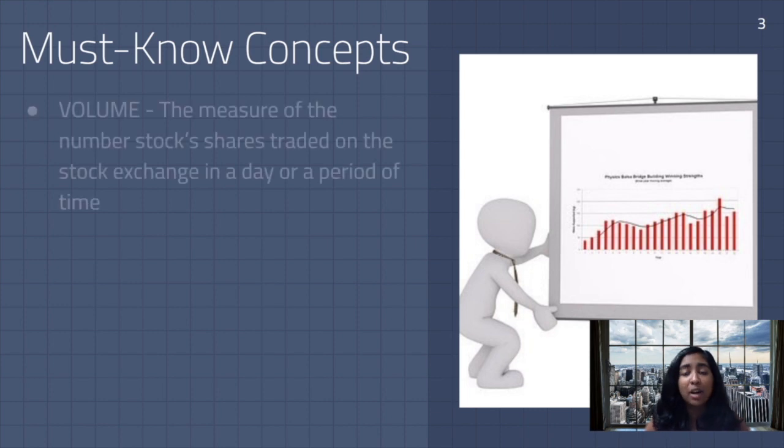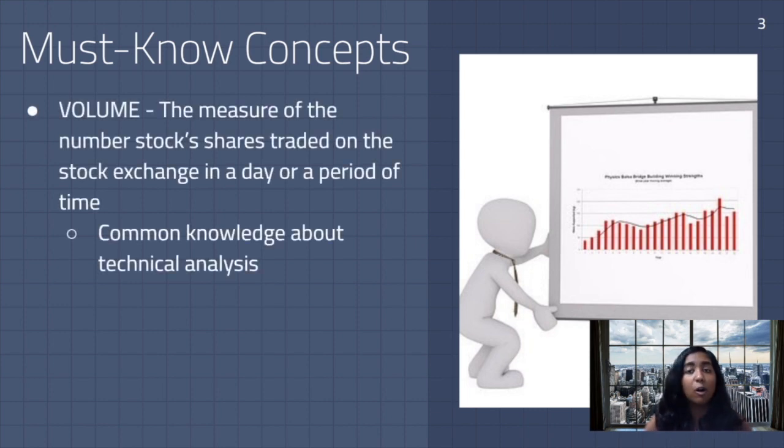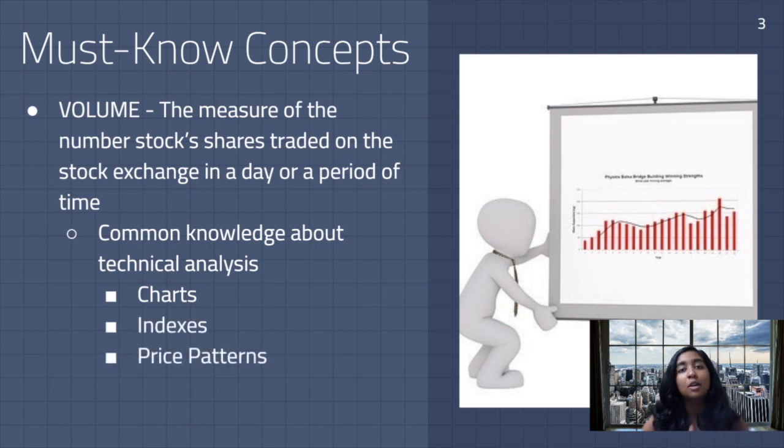Now, there are some must-know concepts, which I've listed all right here, that you should be familiar with in order to fully understand technical analysis. Before I cover those concepts, there's a term I've been speaking about which I haven't elaborated on, and that's volume. Volume is basically the measure of the number of stocks or shares traded on the stock exchange in a day or a period of time.